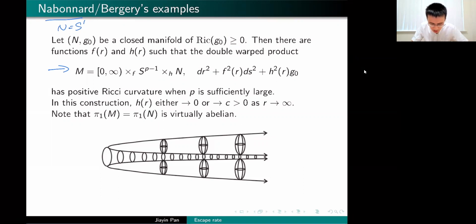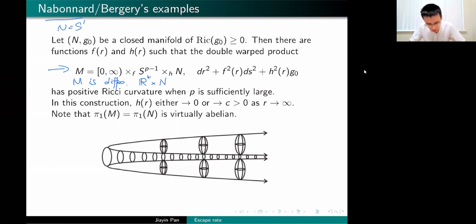In their construction, h(r), the warping function of N, is always decreasing, but it either goes to 0 or goes to some positive number c as r goes to infinity. Also in this example, M is diffeomorphic to R^k times N.